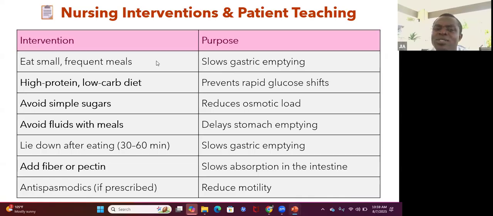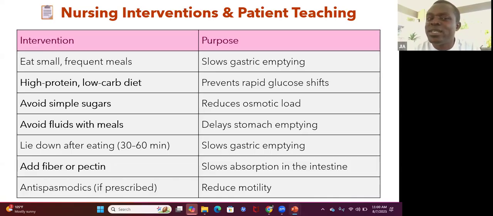So when an NCLEX question goes like, you're educating a patient with dumping syndrome, which of the following statements, if made by the patient, requires need for further teaching? And the patient tells you, I can eat my 3 square meals without having any issue.